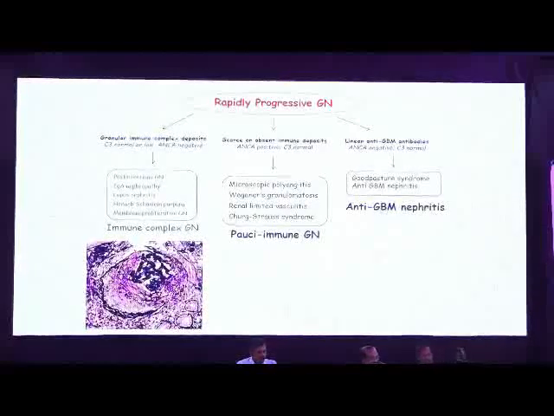Rapidly progressive glomerulonephritis can be immune complex, where you can have complexes of post-infectious glomerulonephritis, IgA deposits, or lupus full house deposits. Or it can be pauci-immune, which can be microscopic polyangiitis, Wegener's, renal limited, or it can be anti-GBM, which is quite rare in children.